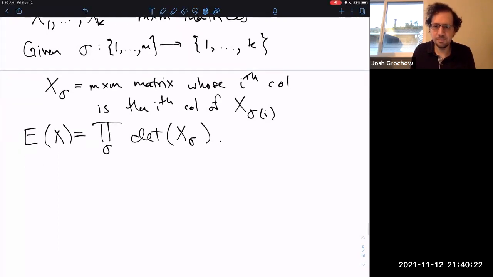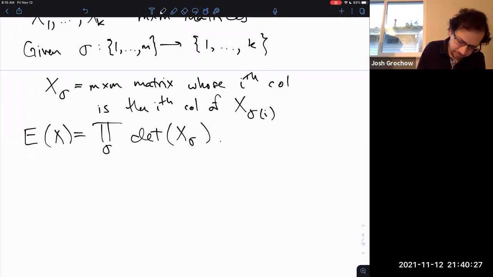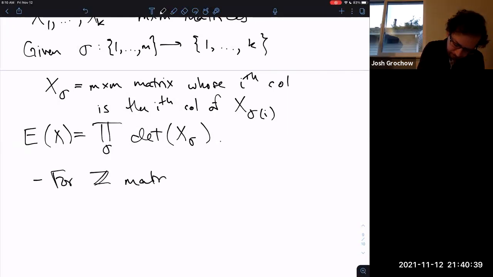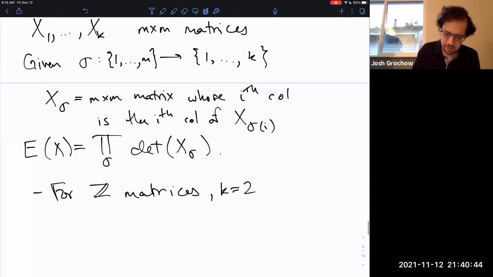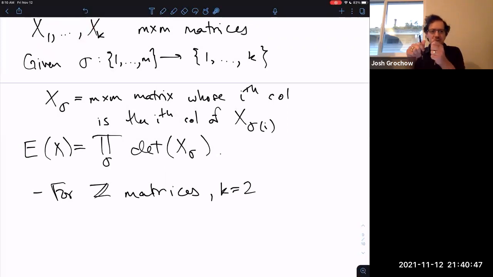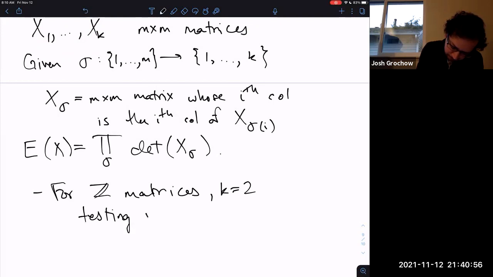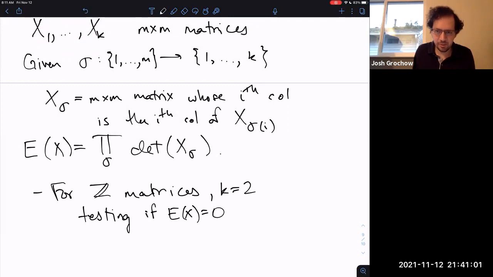So one thing is, for integer matrices, even with just k equals 2, so a pair of matrices, and you build up a matrix by picking columns from that pair in all possible ways, testing if this is 0 is actually NP complete.